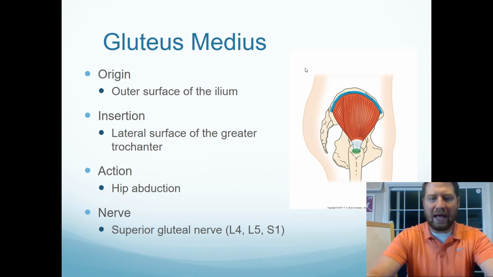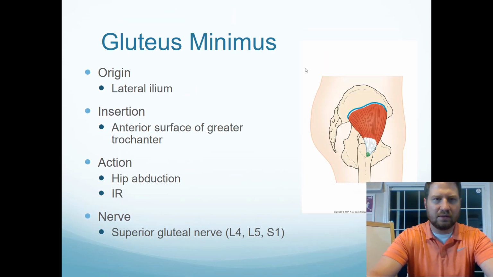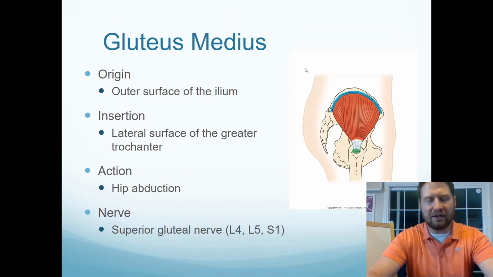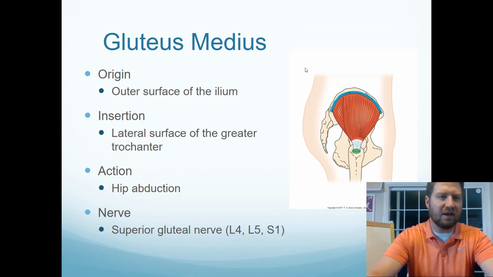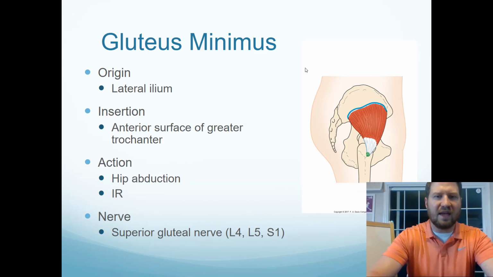Then we have our two abductor group, so our gluteus medius and our gluteus minimus, three in the abductor group if you include the TFL. Gluteus medius and gluteus minimus help to provide that lateral stability.